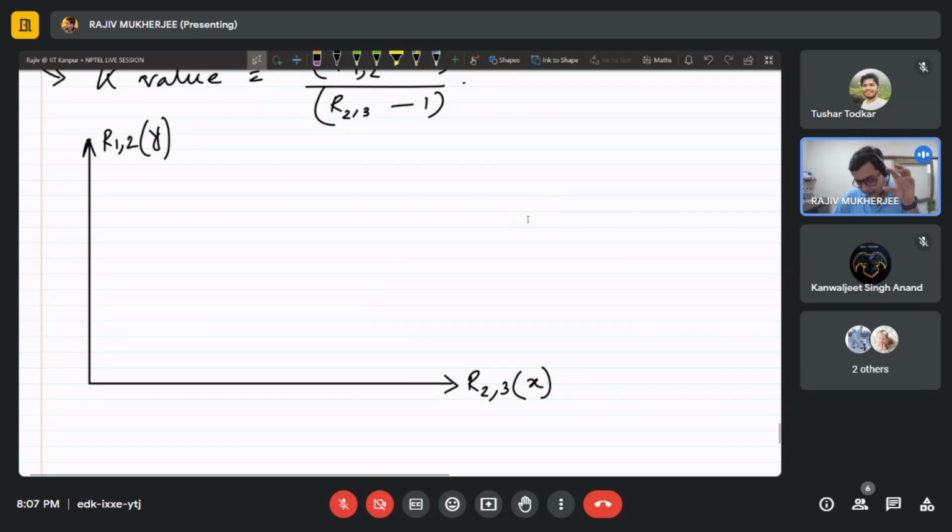And in this case we are performing this plotting where R12 is plotted along y and R23 is plotted along x. And mathematically we can draw a 45-degree line like this, which is represented as plane strain condition.